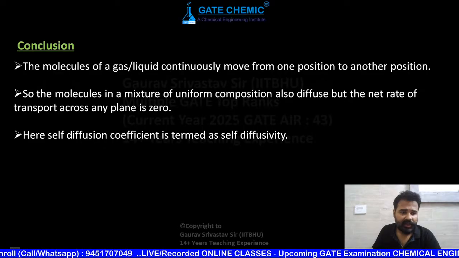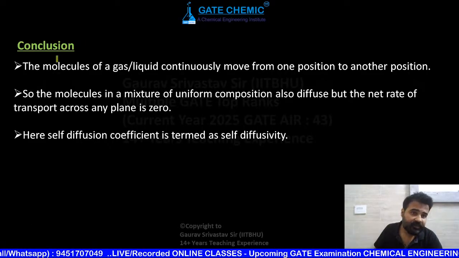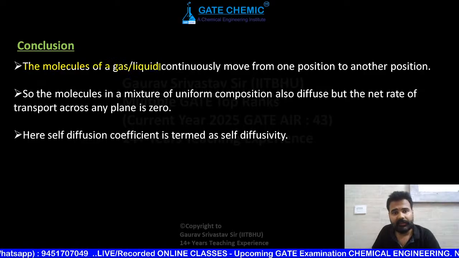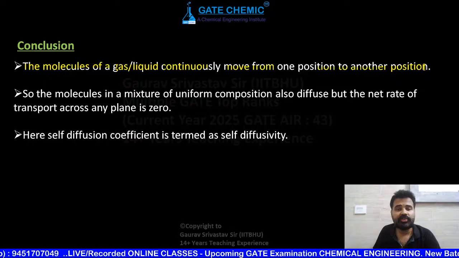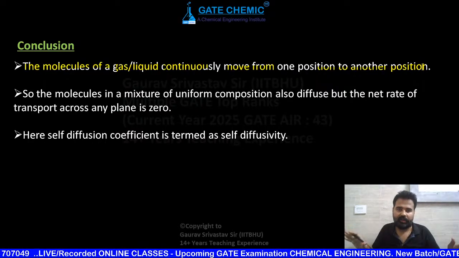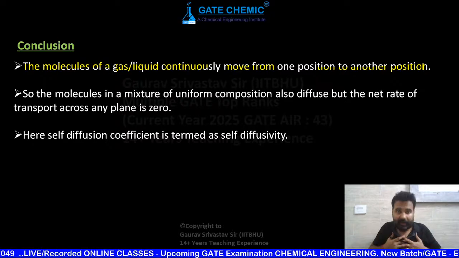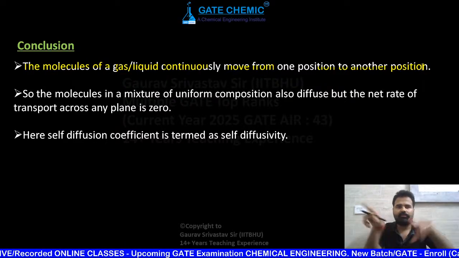So this is self diffusivity. Important points about it, just see here, I am reading one by one. The molecules of a gas or liquid continuously move from one point to another position when the temperature is more than 0 Kelvin. 0 Kelvin पे वो भी स्टेशनरी हो जाएगा. But above 0 Kelvin they have their kinetic energy, so the system is stationary but molecules are still moving.